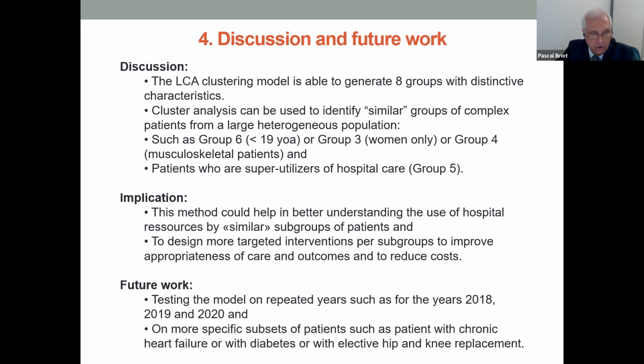Young patients will use resources of your hospital the same way. Patients with musculoskeletal problems will use resources of your hospital the same way. And then finally, super utilizers will also probably use resources in certain ways. And so using these methods we can probably think of ways to more specifically target these subgroups and create interventions through the hospitals that might actually better target the needs of those patients and hopefully improve outcomes and reduce cost. And so with that said, I'll just, Gilles, tell you about the future work.